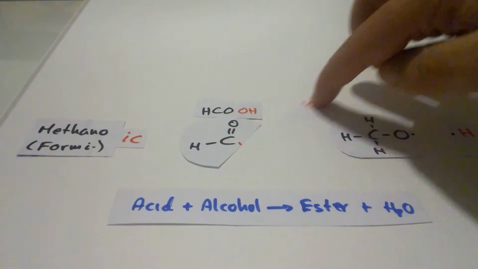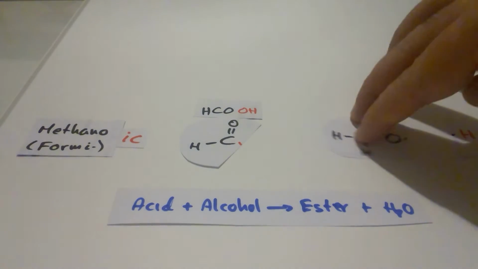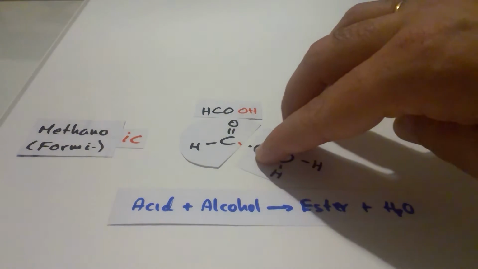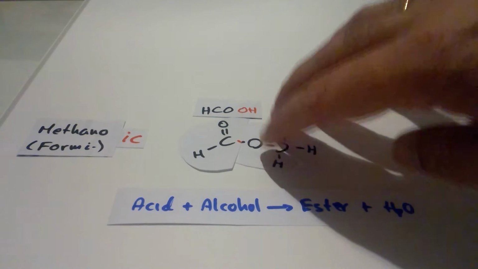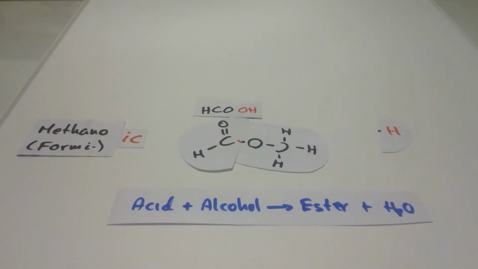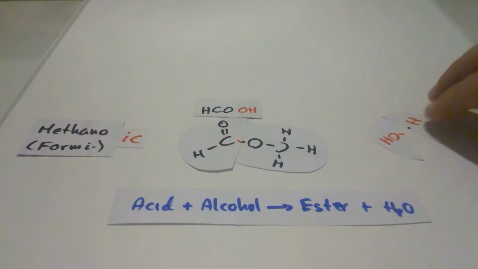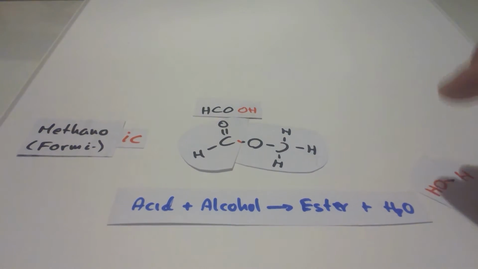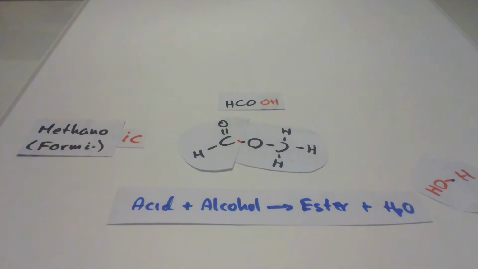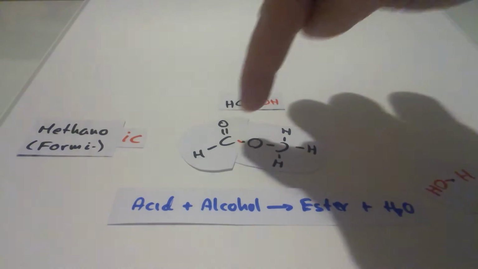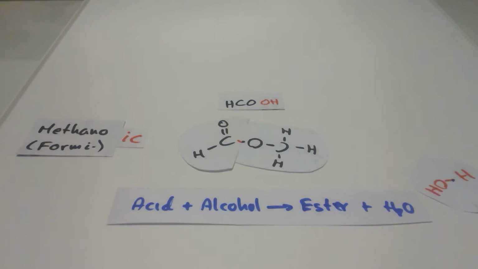So what we're going to do is to make the OH go on one side, and the carbon will form this other thing, and therefore we will have here the OH and the H, and that is our very well known H2O, that is water. Okay, so we have formed this compound by extracting OH from the acid and H from the alcohol.